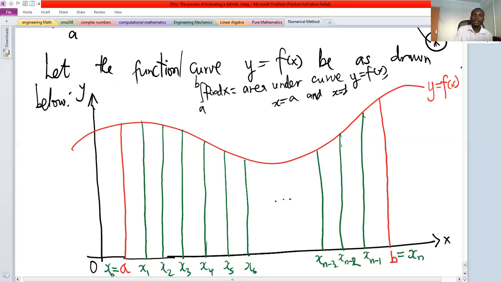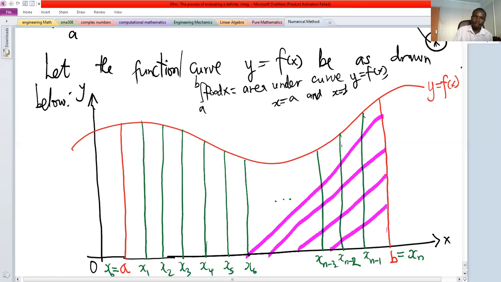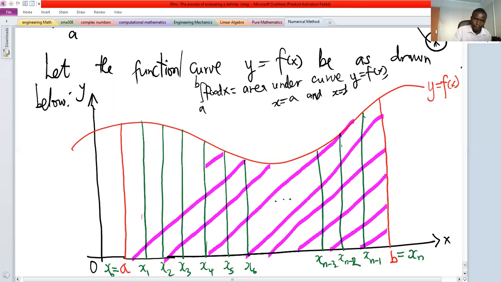So to find the integral a to b of f of x dx is simply finding the area in this region. So what I'm shading, it's like we're interested in defining the shaded area.